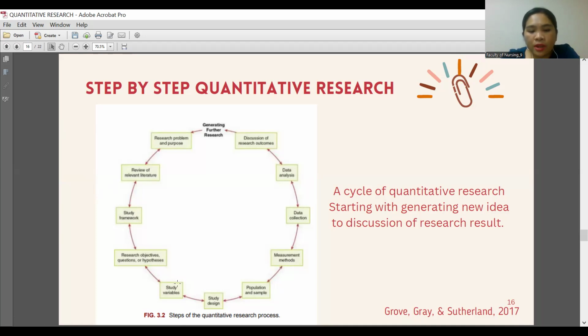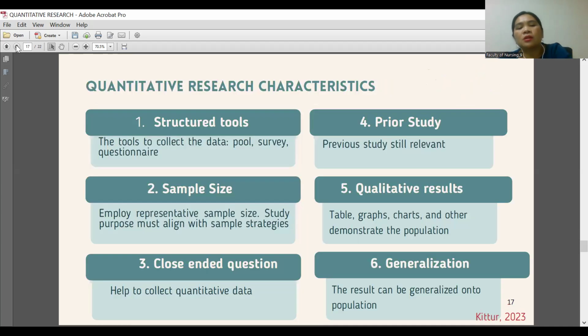We have study variables, we have study design, and we do our sampling methods. We search for the measurement tools. We collect our data, we analyze our data, and we will have the result and discuss it. So that is the cycle of quantitative research.